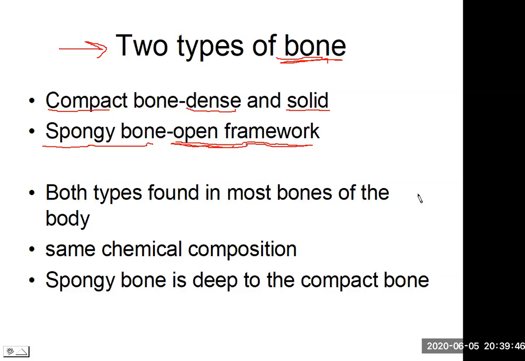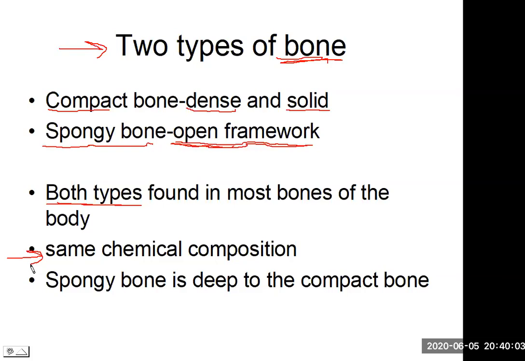So if we look at any bone of the body, just the femur, for example, the bones will have a combination of both types of compact and spongy bone formations. They're made of the same composition.